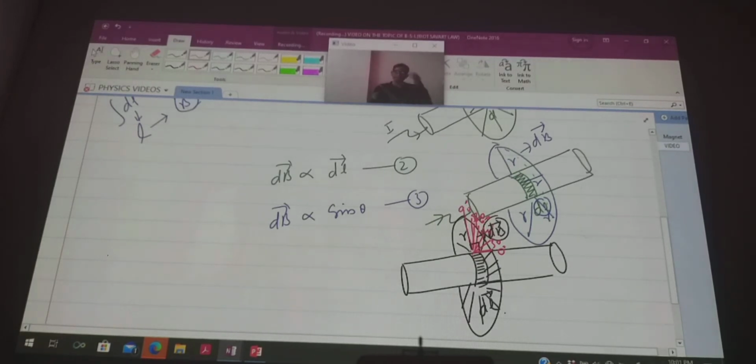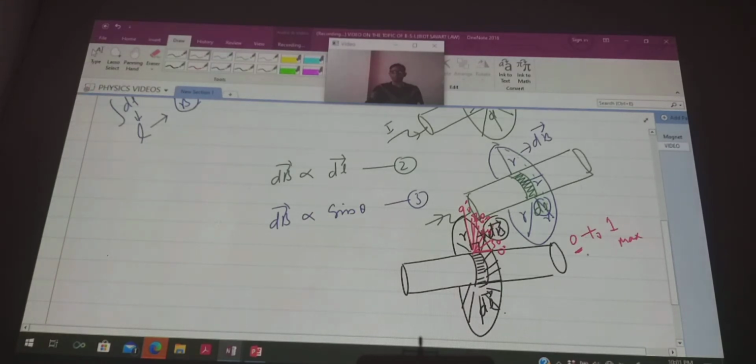The maximum angle is 90 degree. From 0 to 90 degree, its value ranges from 0 to 1. This is the maximum value and this is the minimum value.